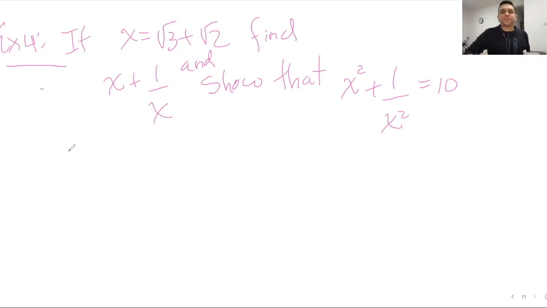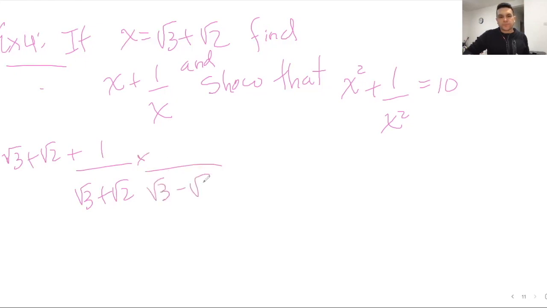So let's see. I'm going to take care of this first. So I'm going to have square root of 3 plus the square root of 2 plus 1 over the square root of 3 plus the square root of 2. I'm going to rationalize this, okay? All right, and this would be 3, right?